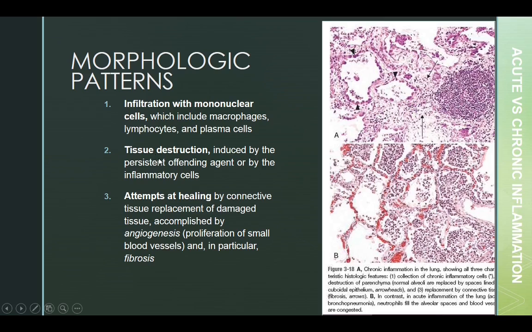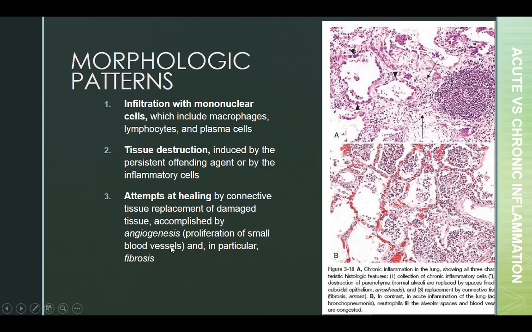And I also told you that chronic inflammation is more dangerous because of tissue destruction, as macrophages release mediators which cause tissue destruction. This is the second feature of chronic inflammation, which is induced by a persistent offending agent or by the inflammatory cells, like macrophages. Then there are attempts at healing by connective tissue replacement, where tissue is replaced by fibroblasts, and this leads to fibrosis, with contraction and shrinkage of the tissue, leading to healing.